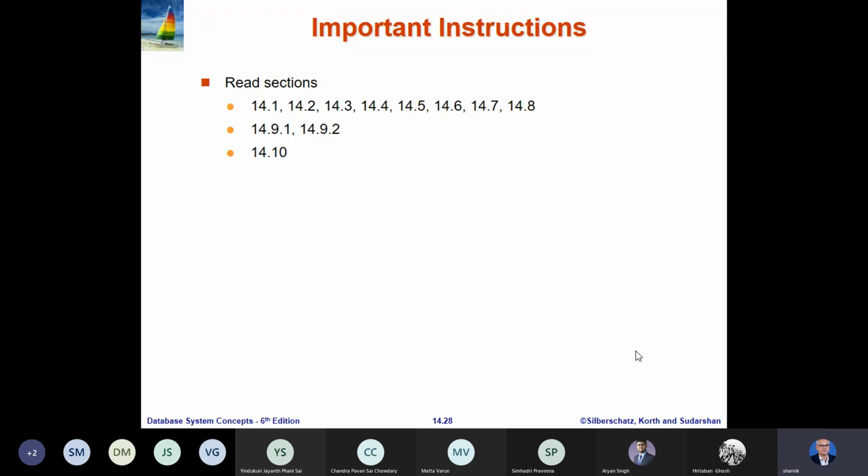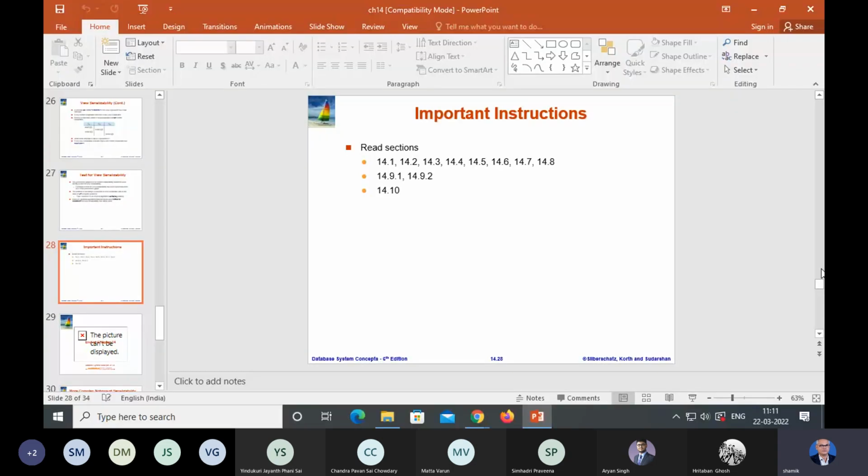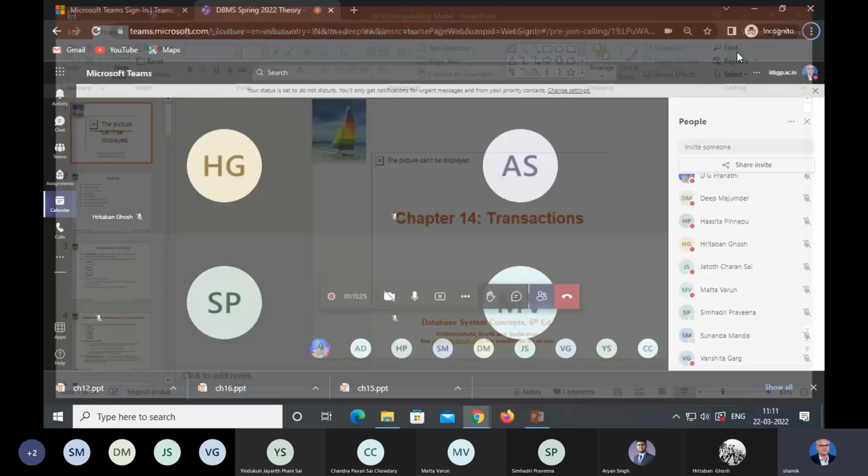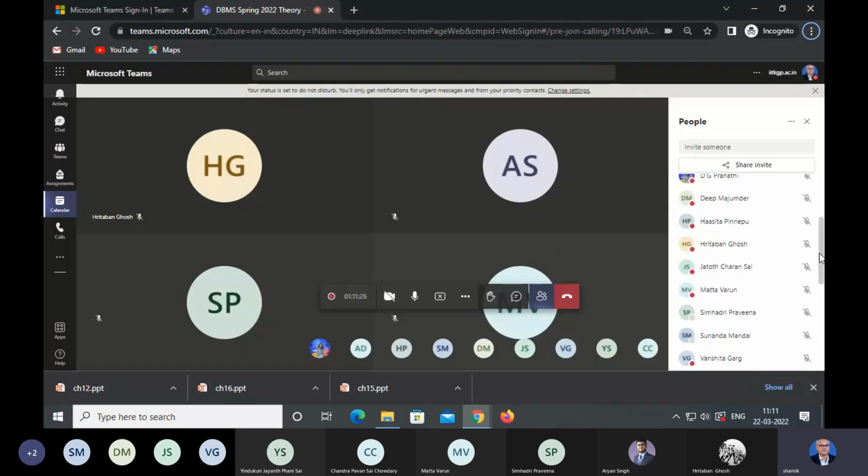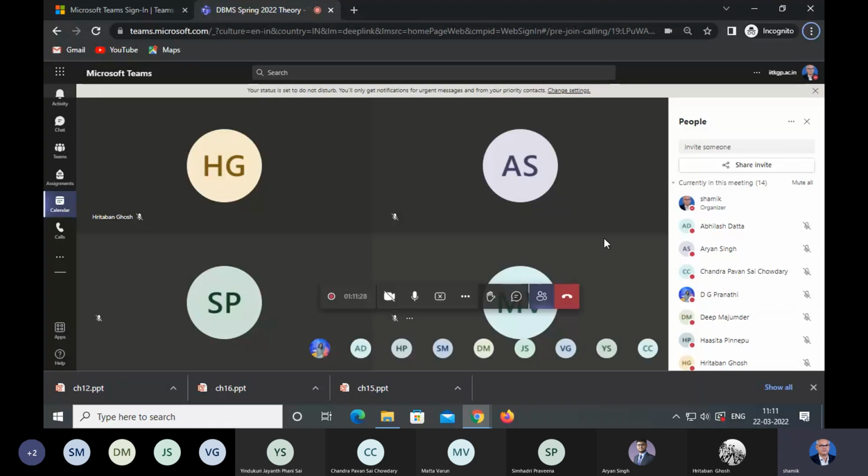Then I will move on to the next chapter, which is chapter 15, where we will talk about how we ensure that the schedules generated by the DBMS are going to be conflict serializable or view serializable and so on.